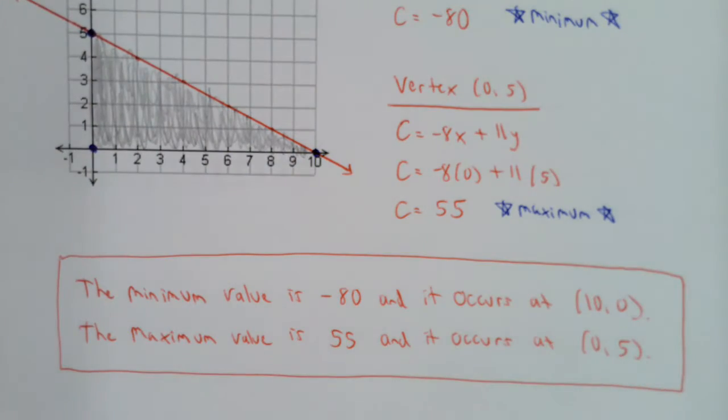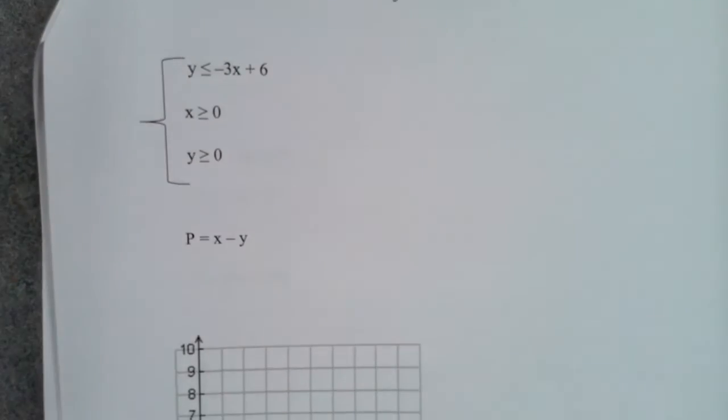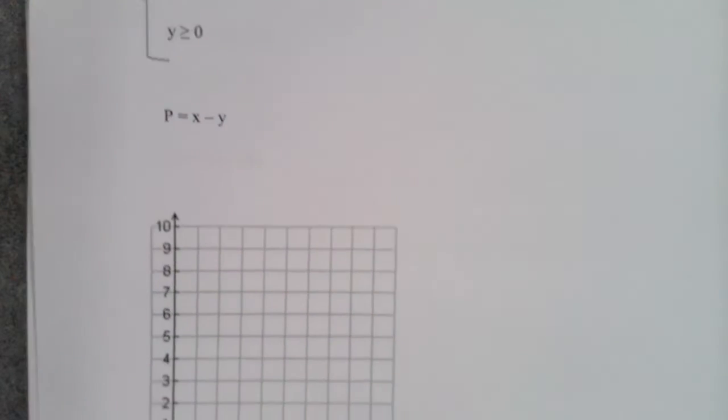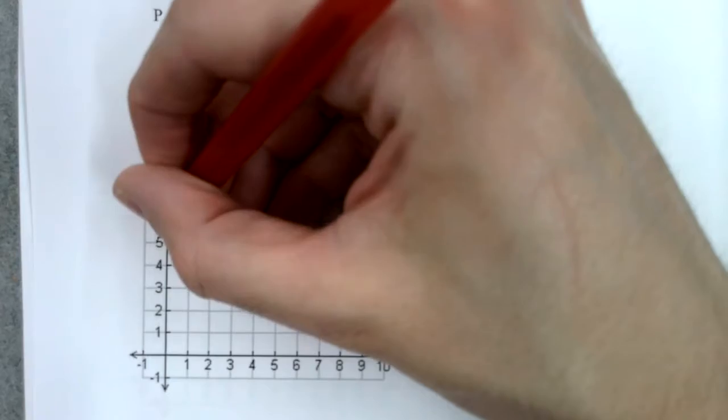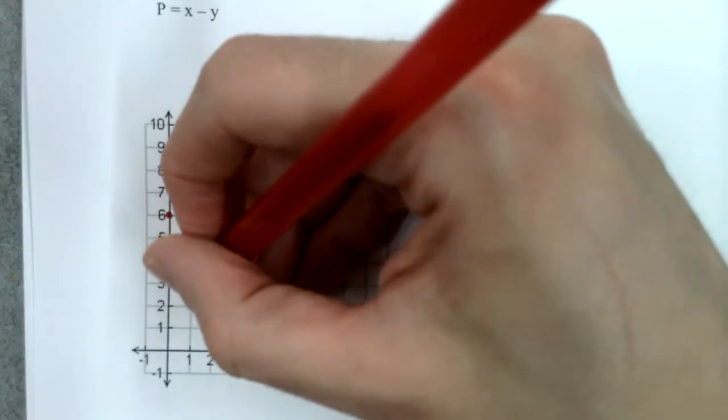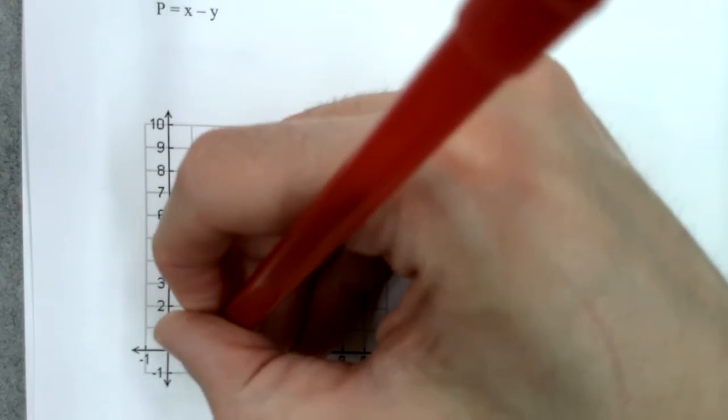Okay? Let's do another one. I'll graph this one a little faster because it's just like the one we just did. Our top inequality has a y-intercept of 6 and a slope of negative 3. So you can go down 3, right 1. Down 3, right 1. Down 3, right 1.